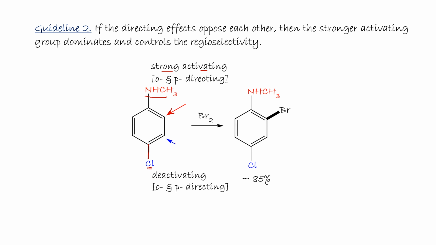For Cl we have ortho, and para is blocked. So we are talking about either ortho in here or ortho in here, here with an activator and here with a deactivator. Of course we will go with the activator. So we will get the bromine in here, 85%.